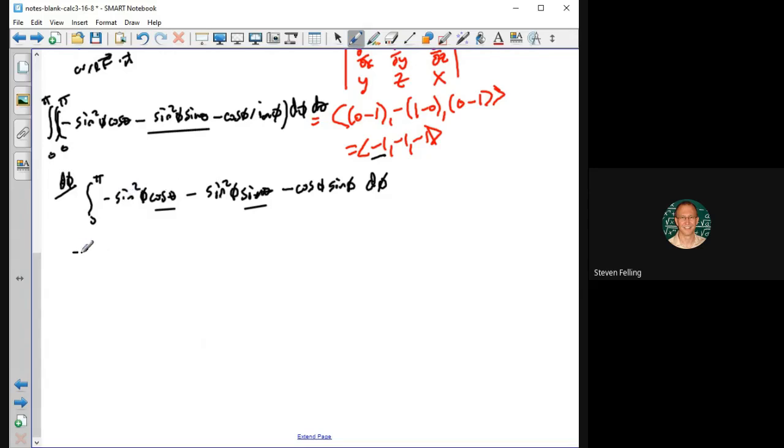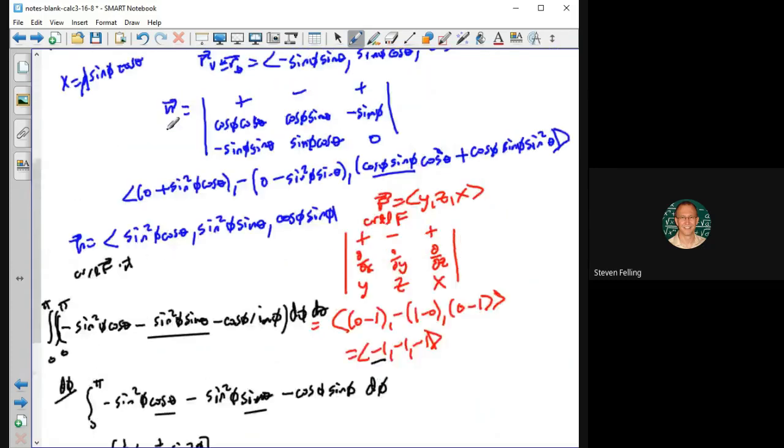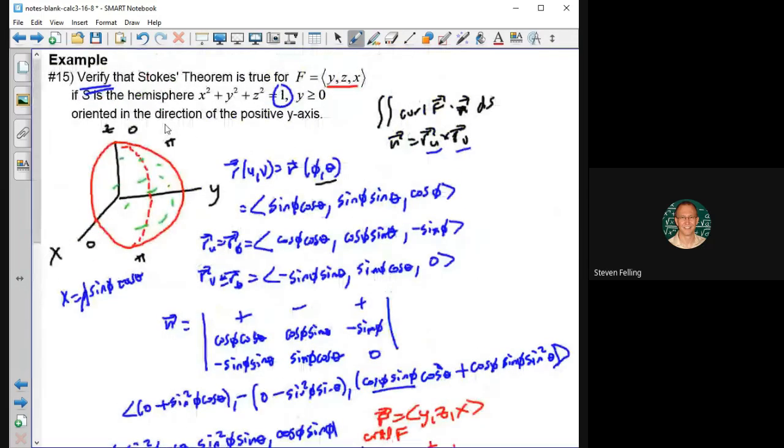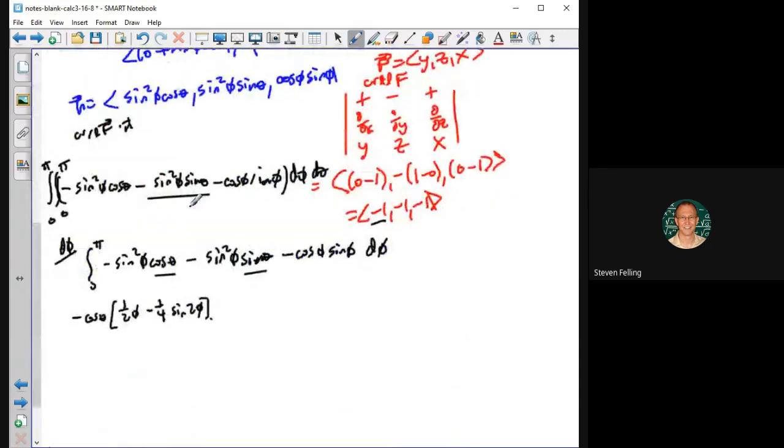You get negative cosine theta as a constant, and the integral of sine squared is 1/2 phi minus 1/4 sine of 2 phi integrated from 0 to pi, that'll work.